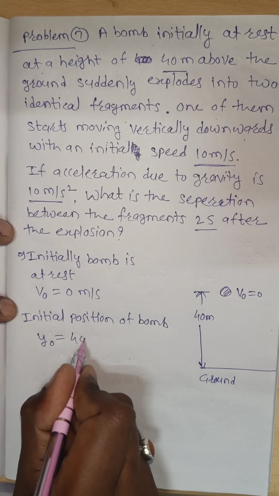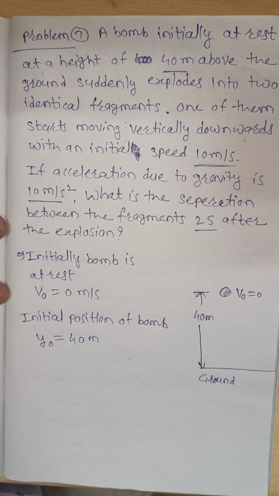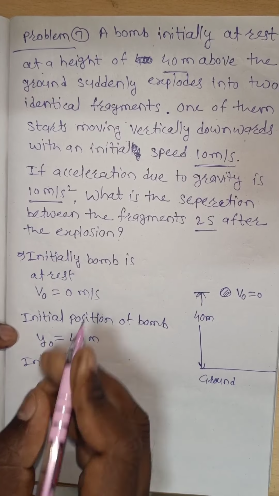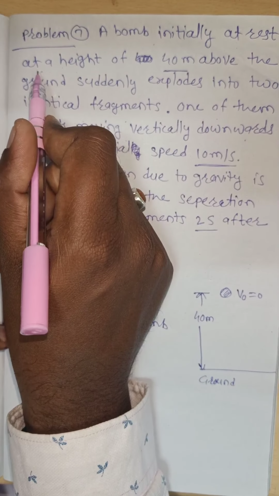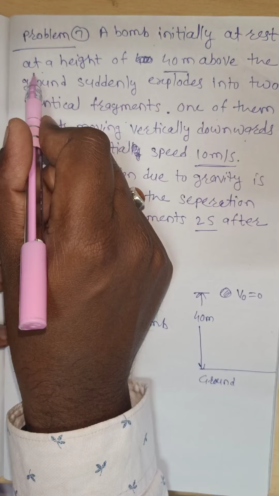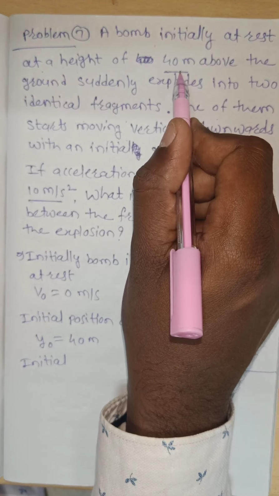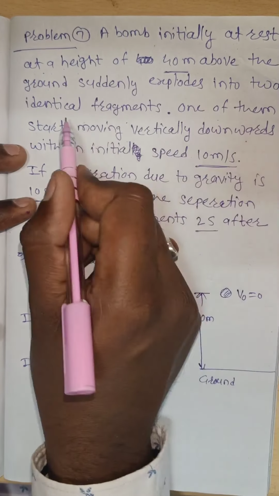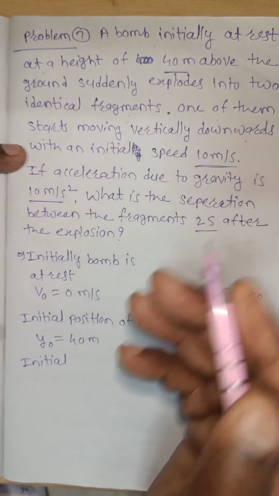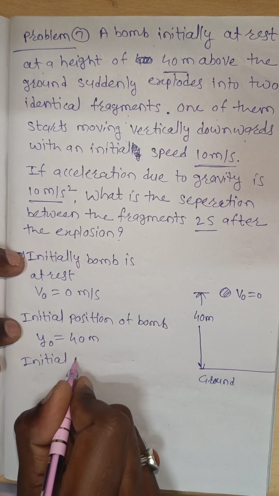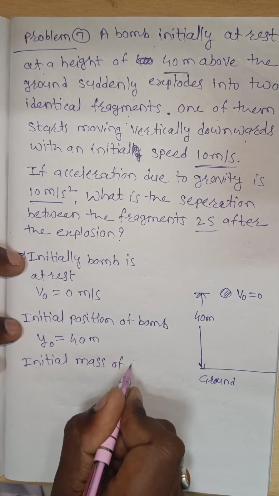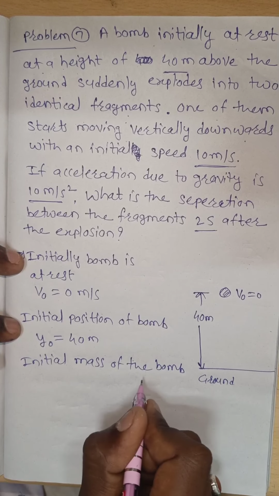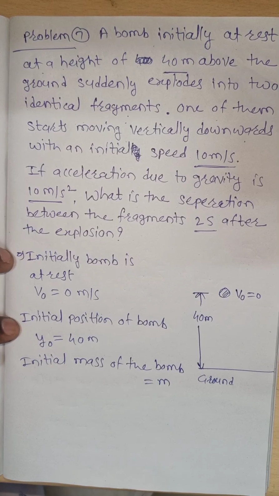The bomb initially is at rest, therefore the initial velocity is 0 at a height of 40 meters, and it suddenly explodes into two identical fragments. Now we have to consider the initial mass of the bomb as m.